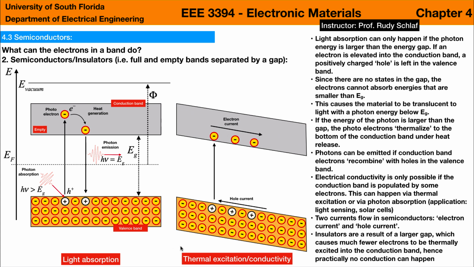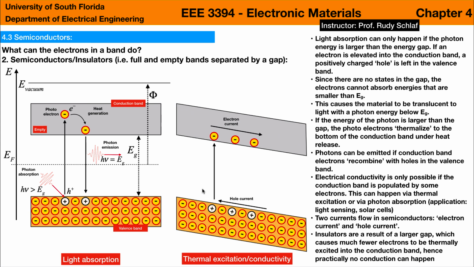When it comes to conductivity, the main difference between semiconductors, insulators, and metals is that we need thermal excitation of some electrons into the conduction band before we can have any conductivity at all, because a full band cannot conduct any current.